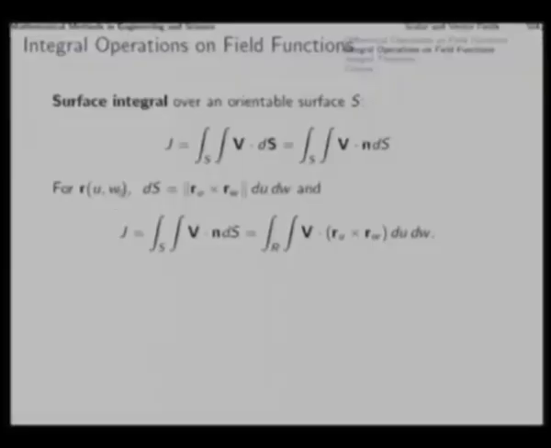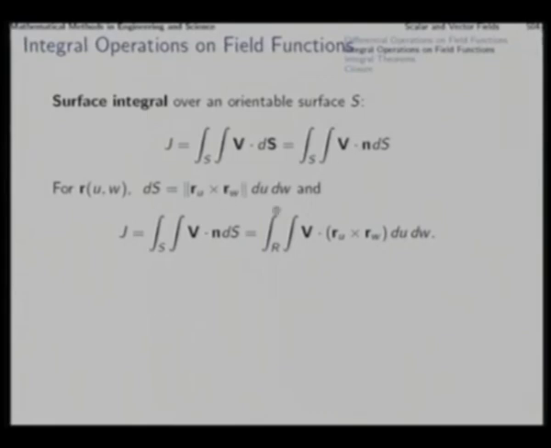Now, if there is a parameterization of the surface in terms of two parameters u and w, then this small surface area element ds can be found from this, and we can work out the unit normal also, which is Ru cross Rw divided by this magnitude.